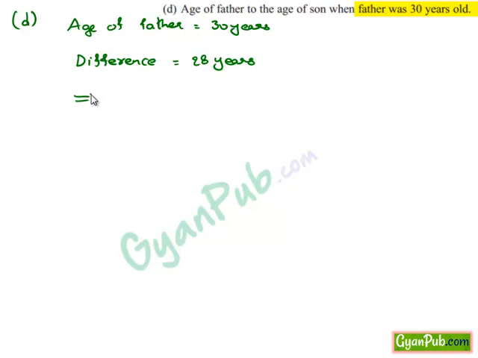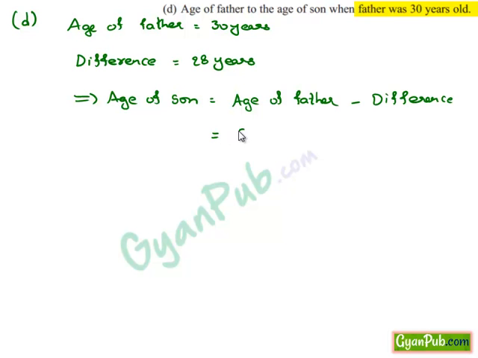This implies age of son is equal to age of father minus the difference between the age of father and his son at any time, which is equal to 30 years minus 28 years, which gives the age of son as 2 years.